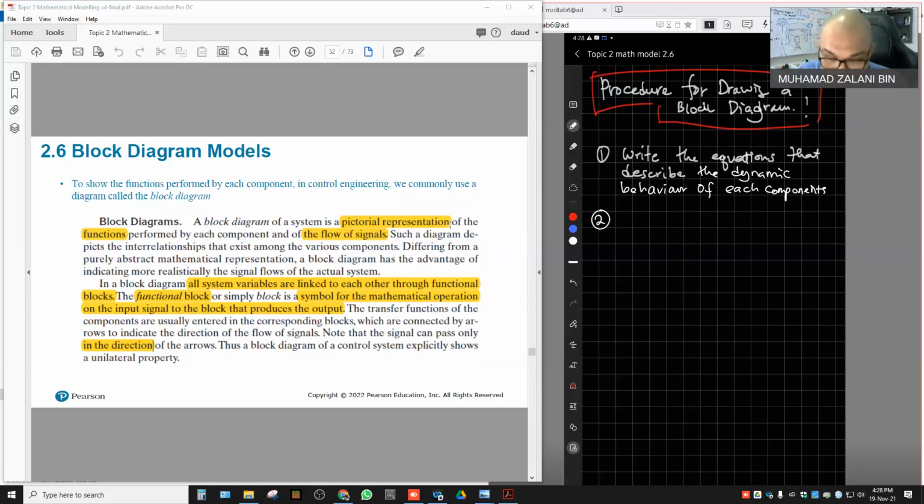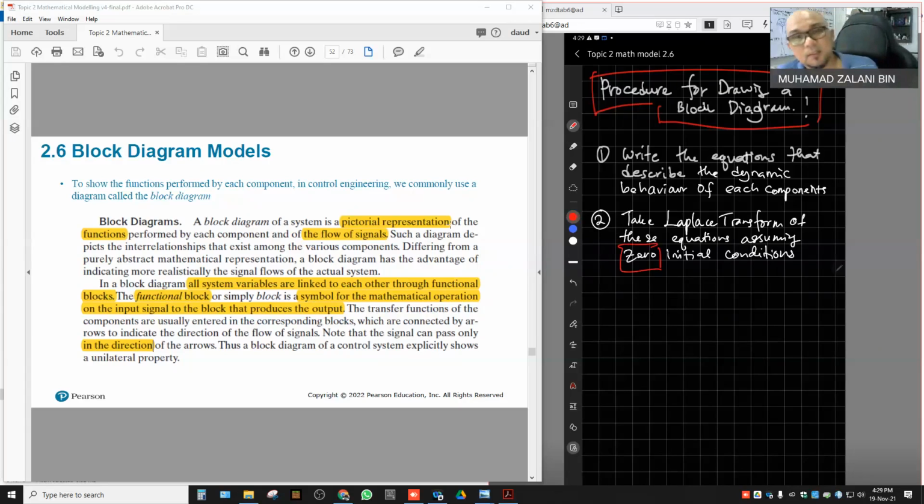So the second procedure is to take the Laplace transform of this equation, assuming zero initial condition.